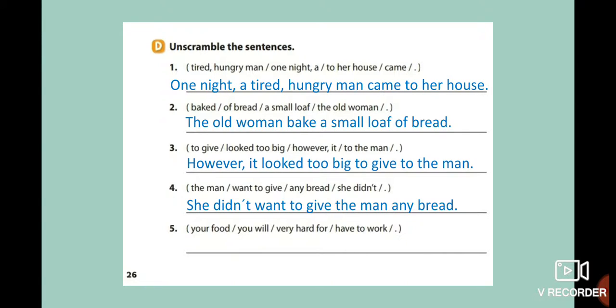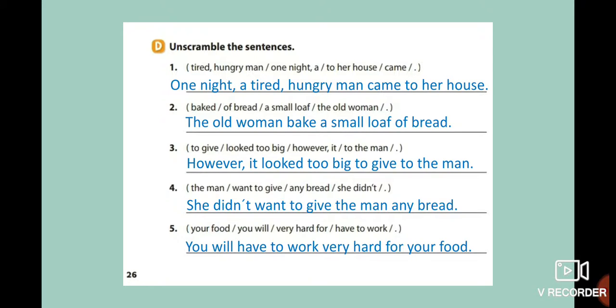We start with the subject, in this case she, then we use a helping verb in negative form, didn't, and then we write the complement. She didn't want to give the man any bread. And number 5: You will have to work very hard for your food. These are the magic words that the man mentioned.